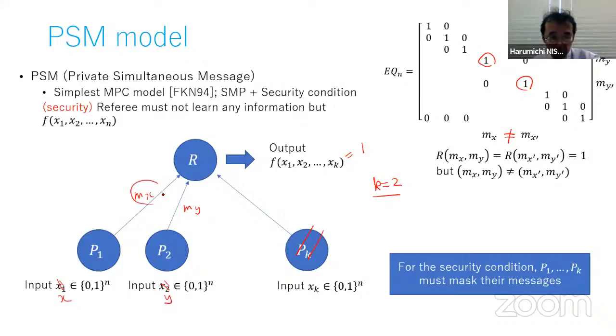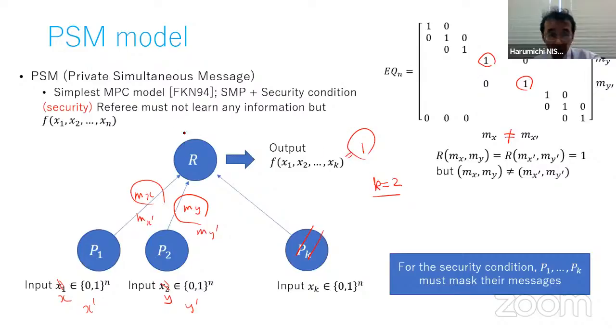In this case, the message is M_X and M_Y. The output is 1. On the other hand, the X' and Y' case also outputs 1, but the message is different. So we can discriminate these two.